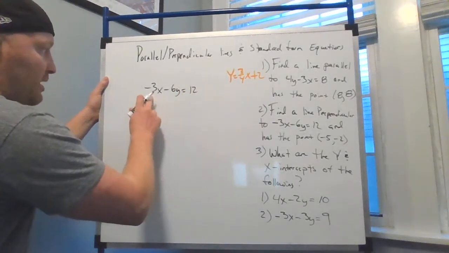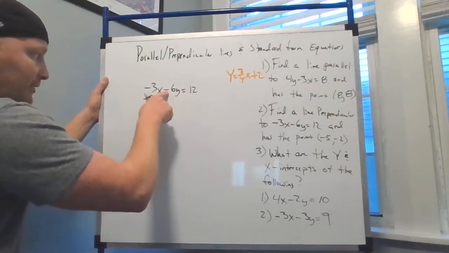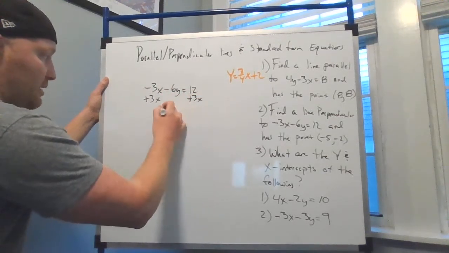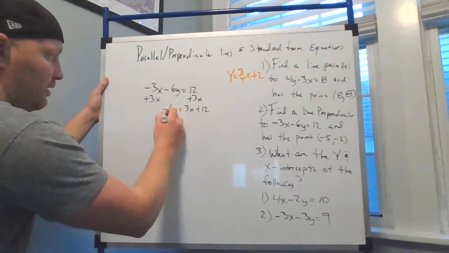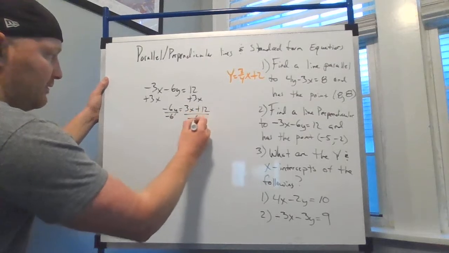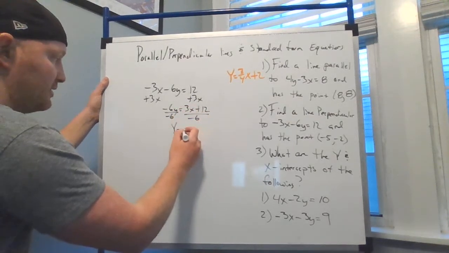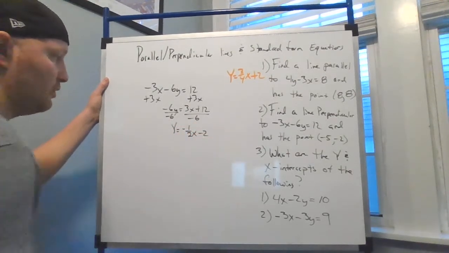So, first things first, bring the 3x to the other side by doing the opposite of it, so it's negative here. It's not negative because of this, it's negative because of this. People are making that mistake sometimes. Alright, so now this says negative 6y equals 3x plus 12, divide both sides by negative 6, and I get y equals, positive 3 over negative 6 is negative 1/2 x minus 2.